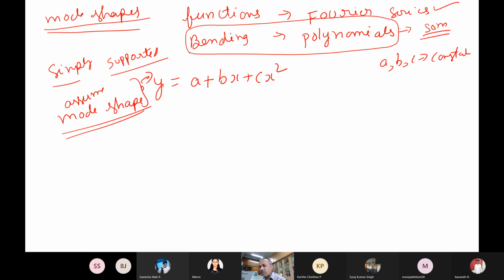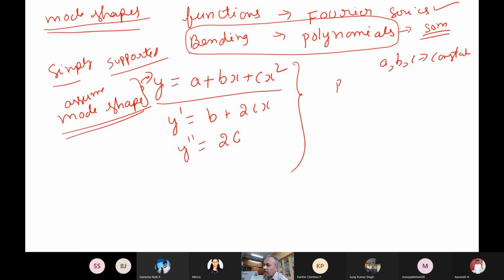So this will bring out one very important concept. This is my mode shape, what I have assumed. The first derivative is b plus 2cx, and the second derivative is 2c. Now we have to satisfy the boundary conditions.